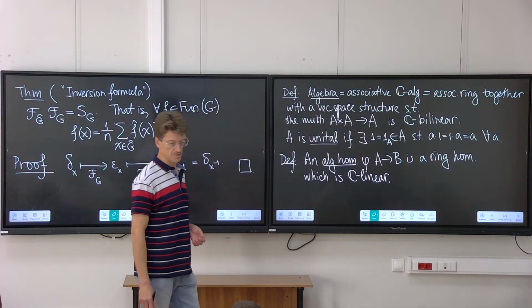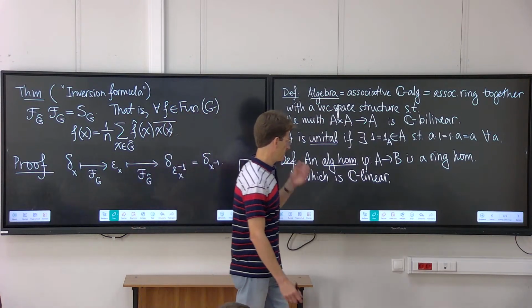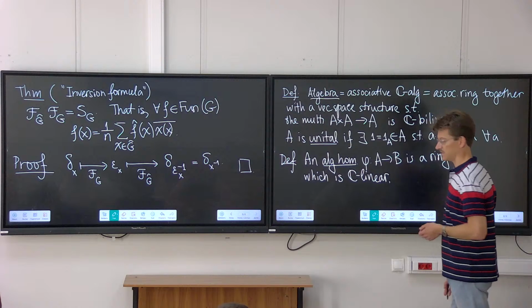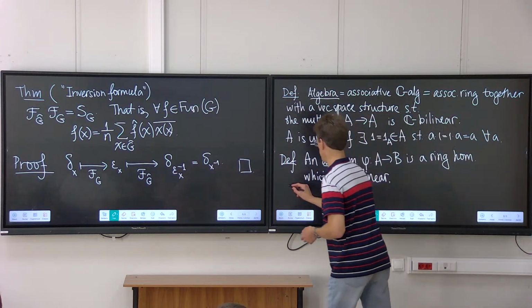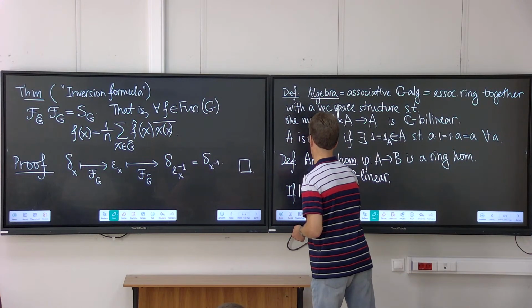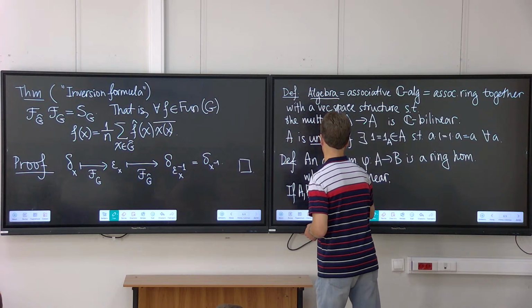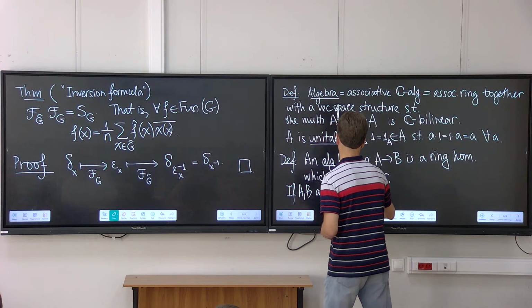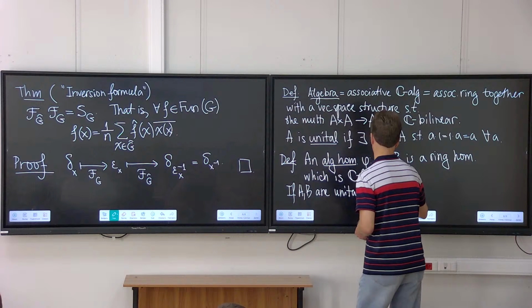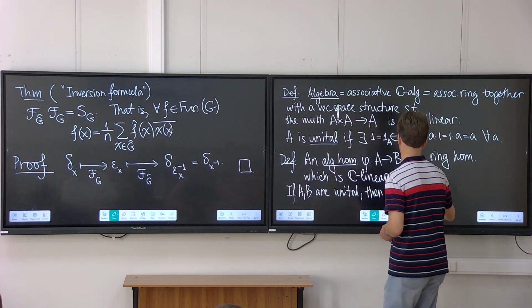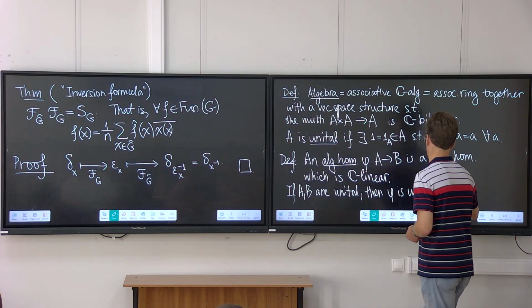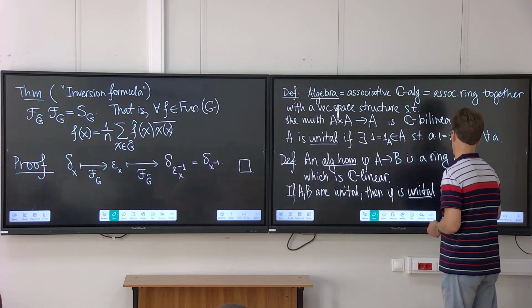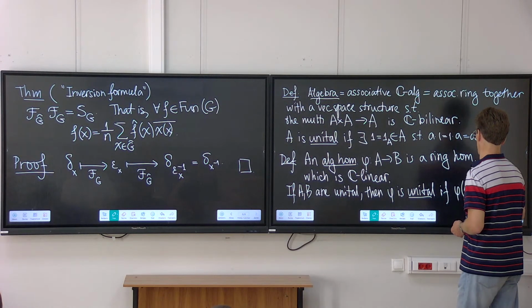And if A and B are unital, then it's natural to consider those homomorphisms which preserve the identity. So if A and B are unital, then we say that phi is unital if it takes the identity of A to the identity of B.